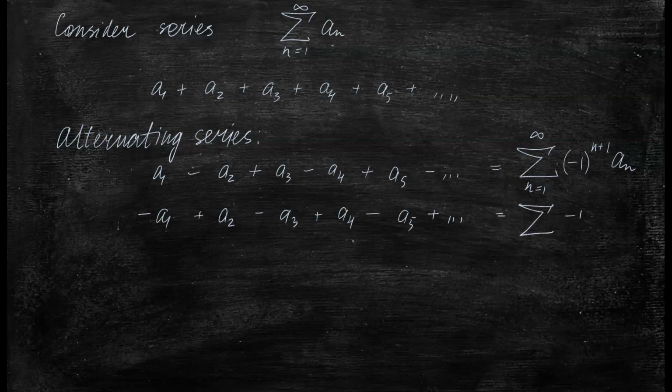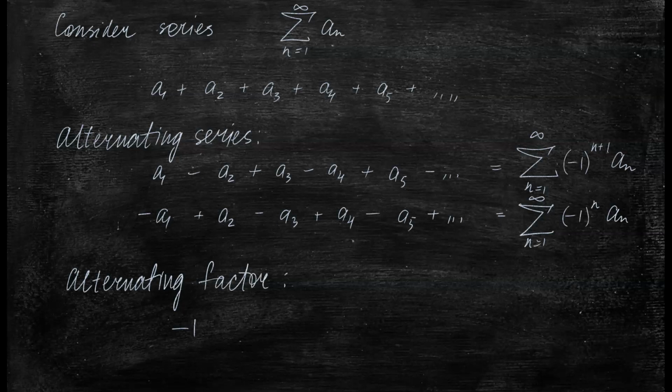However, if you write it as -1 to the power n, your first term when n is equal to 1 will be negative, which corresponds to the second series. So this is called the alternating factor. And the easiest way, of course, is to just have it as -1 to some power n or n plus 1, depending on how you want it.